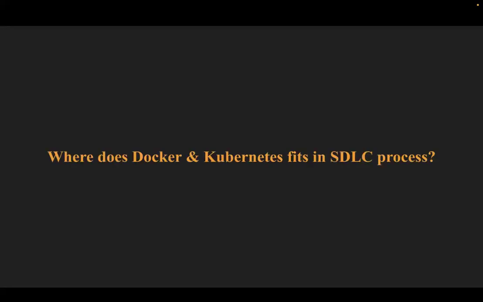Now, where do Docker and Kubernetes fit in the SDLC process? I'm not talking about Jenkins, but we have a separate lecture about that. In the SDLC process, Docker and Kubernetes fit in the deployment phase.